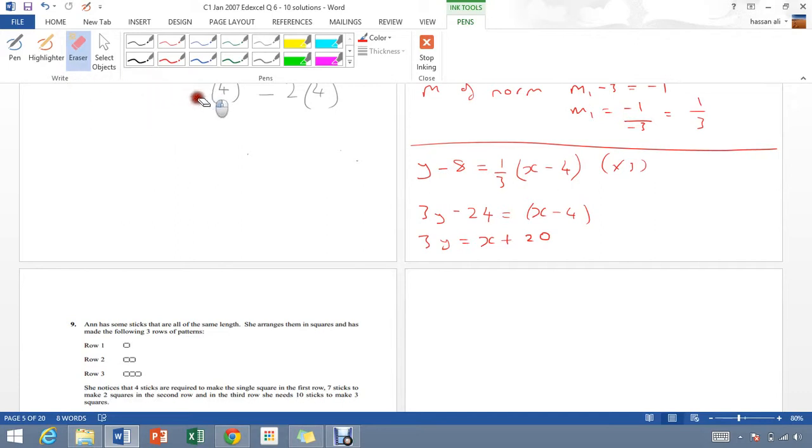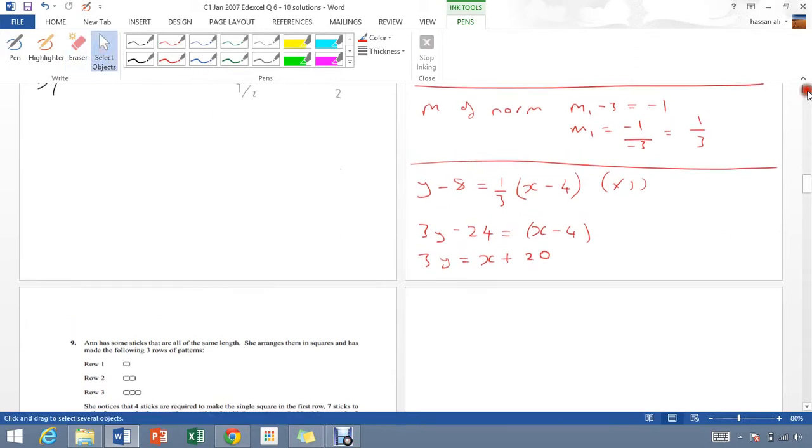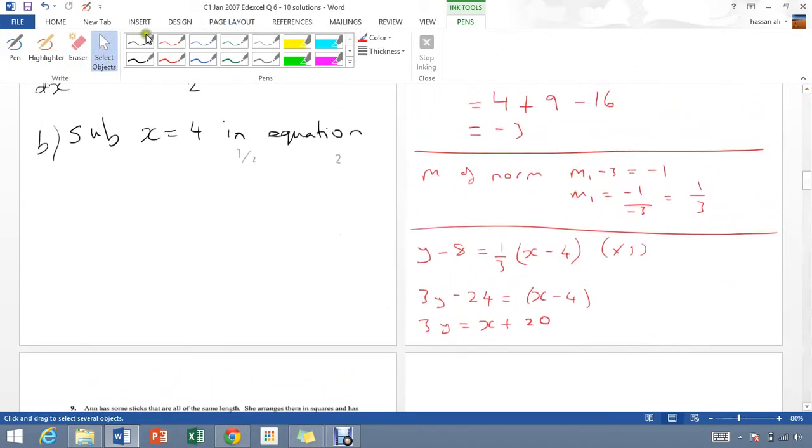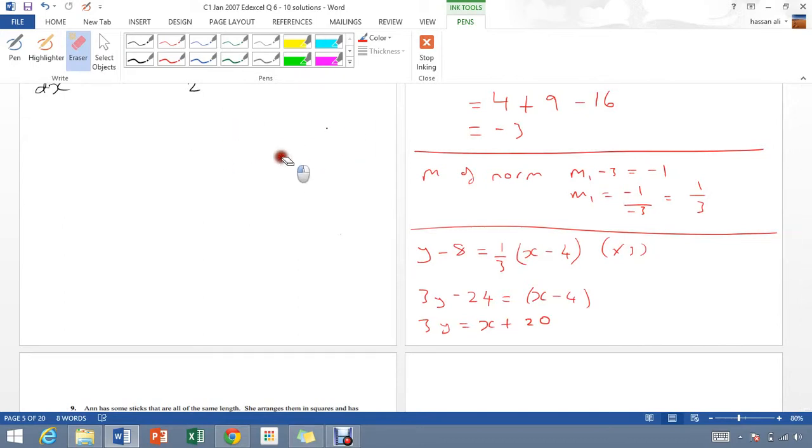I'll give you a clue for this one: you will have to use Pythagoras. Now bear in mind that as you go further on in these exams, the questions do get longer and the marks do increase.